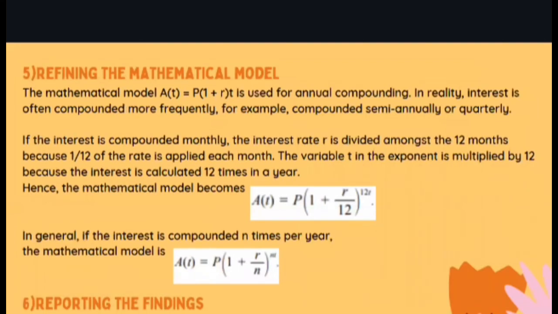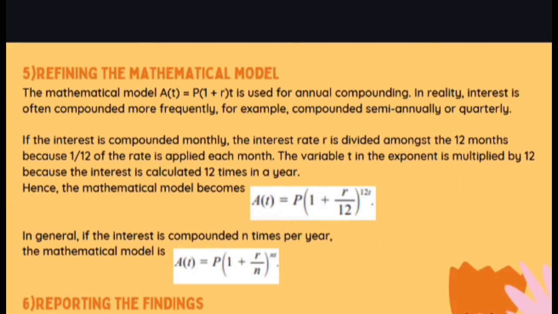Step number 5, refining the mathematical model. The mathematical model A_t equals P(1 plus R)^t is used for annual compounding. In reality, interest is often compounded more frequently, for example, semi-annually or quarterly.